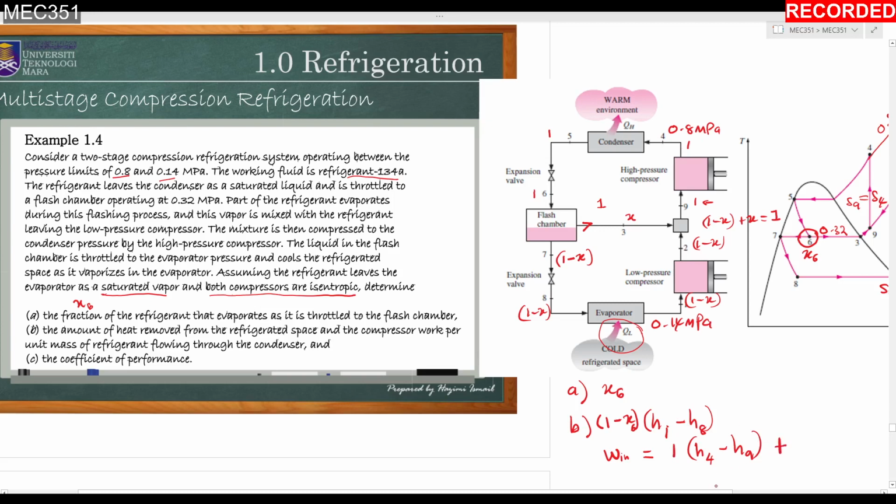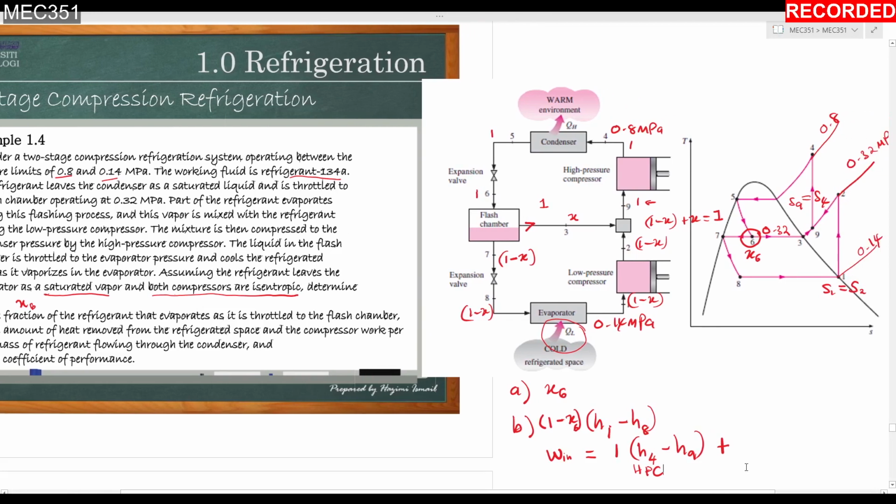Plus, this one is the high pressure compressor, I put the short form HPC. Plus the low pressure compressor, H2 minus H1, but you have to multiply with the fraction here, which is 1 minus x.